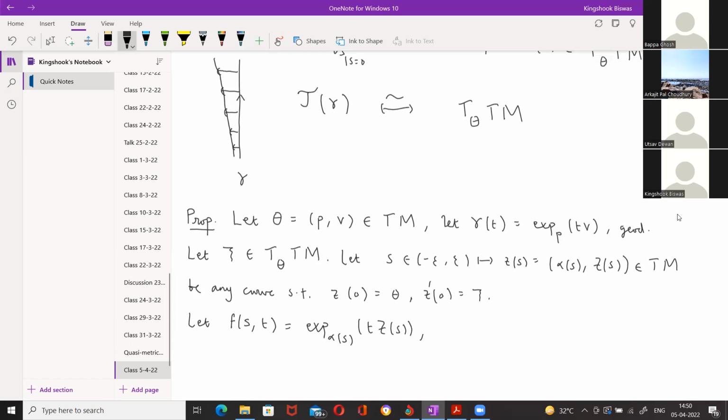And let j of t be the Jacobi field del del s at s equal to 0 of f of s, t.